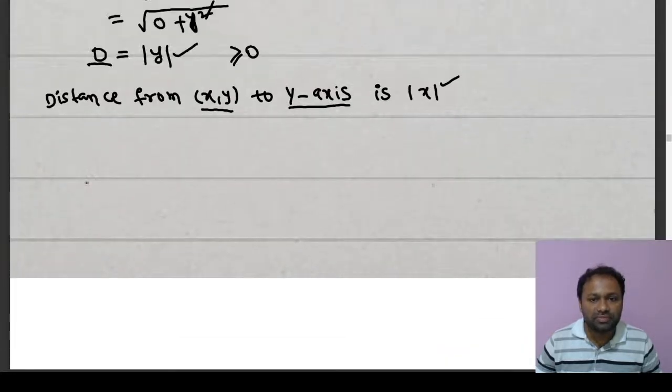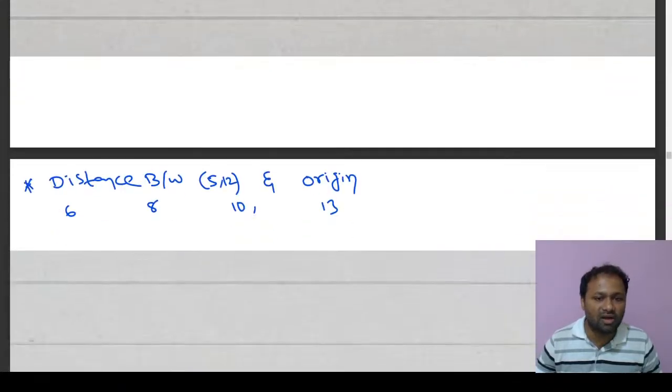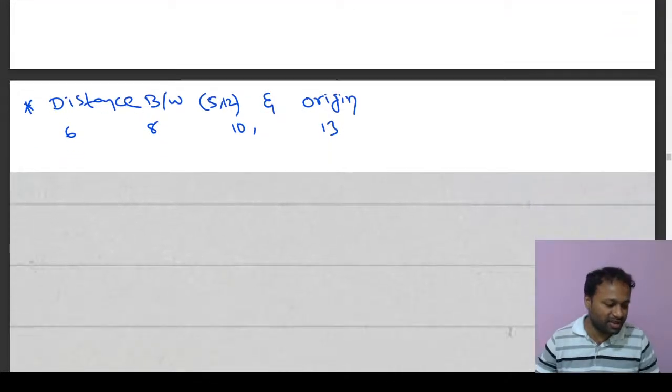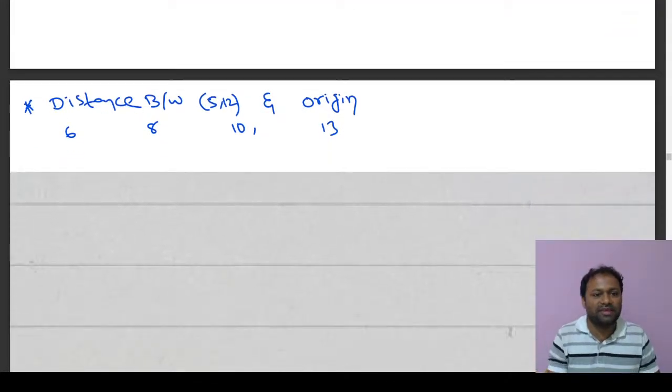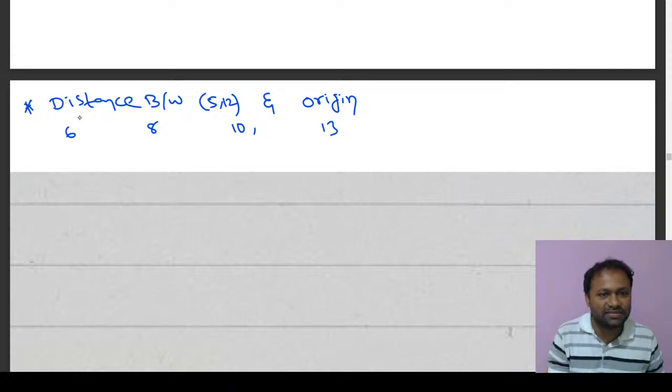Now I'm going to do one more. First of all, let us do some problems based on this. After that, I will go to one more property. Now see this problem. Distance between ordered pair 5 comma 12 to origin.